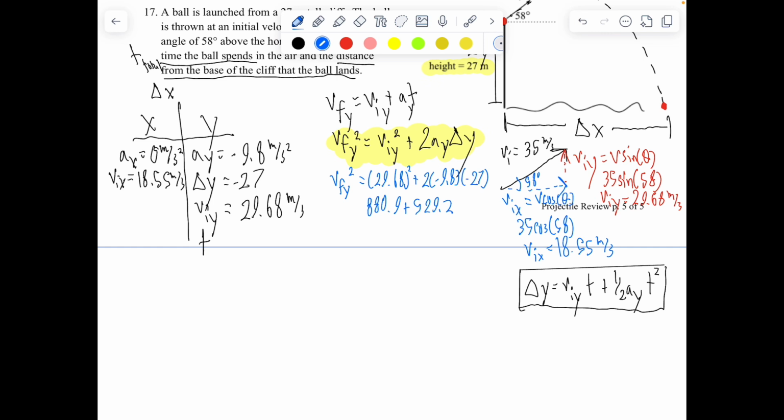That's why our 529.2 is positive. And now that's equal to our final velocity in the y squared. Let's add those two together. 880.9 plus 529.2 gives us, if we plug it into our calculator, 1410.1. That's still equal to our final velocity squared. We need to get rid of that squared, so let's take our square root on both sides.